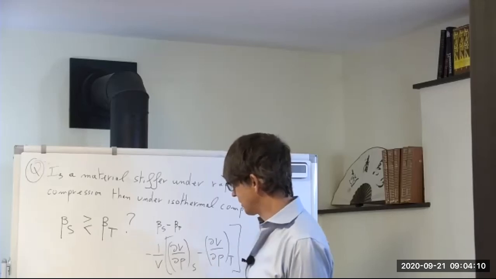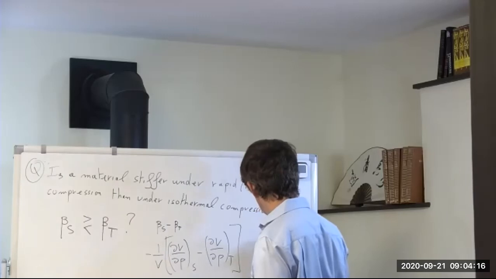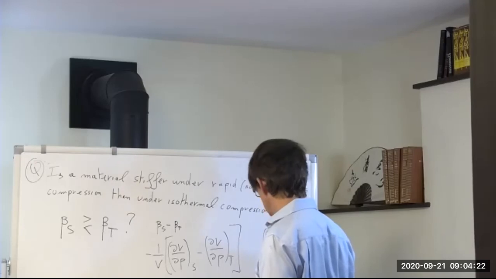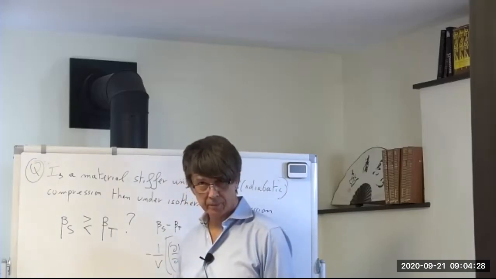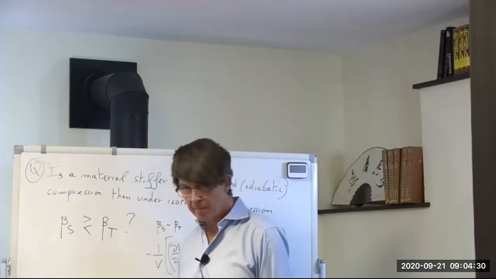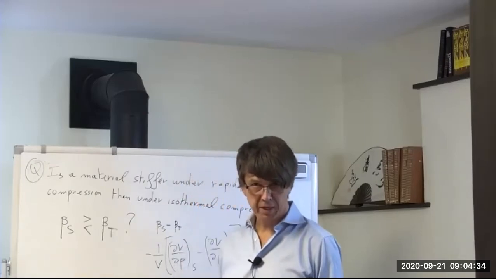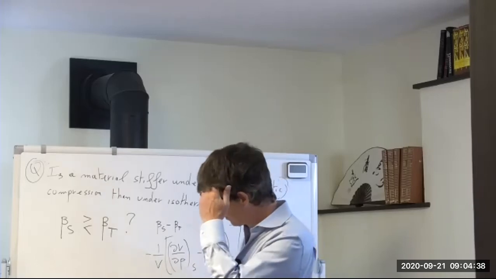I know that that's the right answer. Yeah, so the volume change is less when you do an adiabatic compression. So the material is stiffer when it's adiabatic than when it's isothermal.